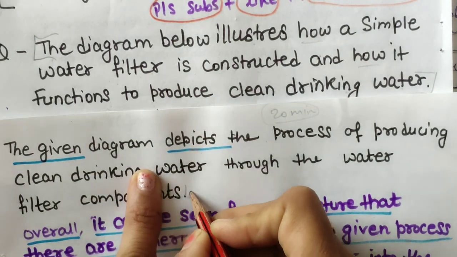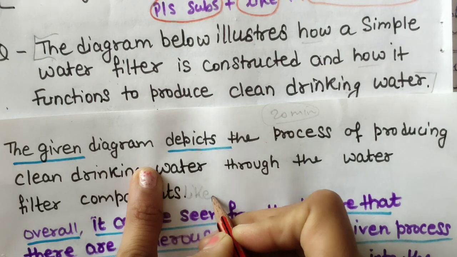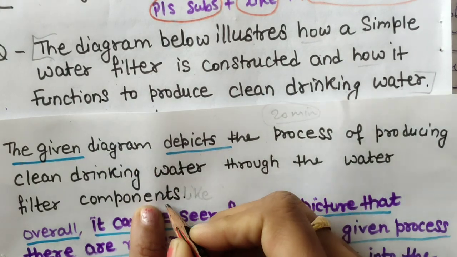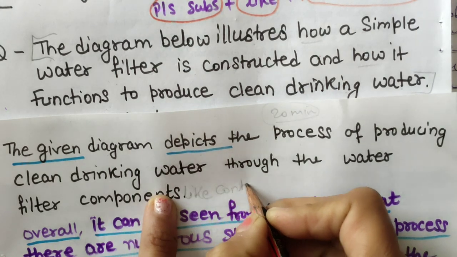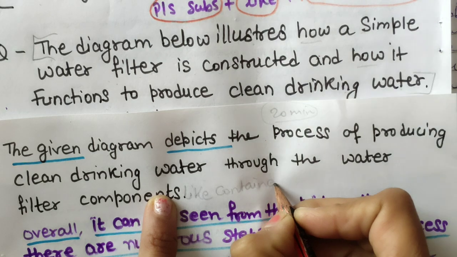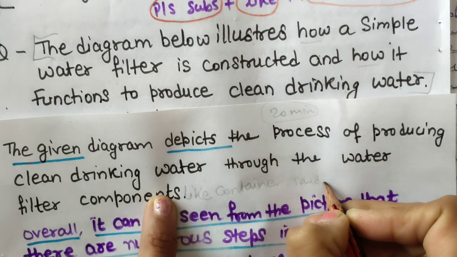Now here I have forgotten to write like or such as water filter components like container, sand, charcoal.